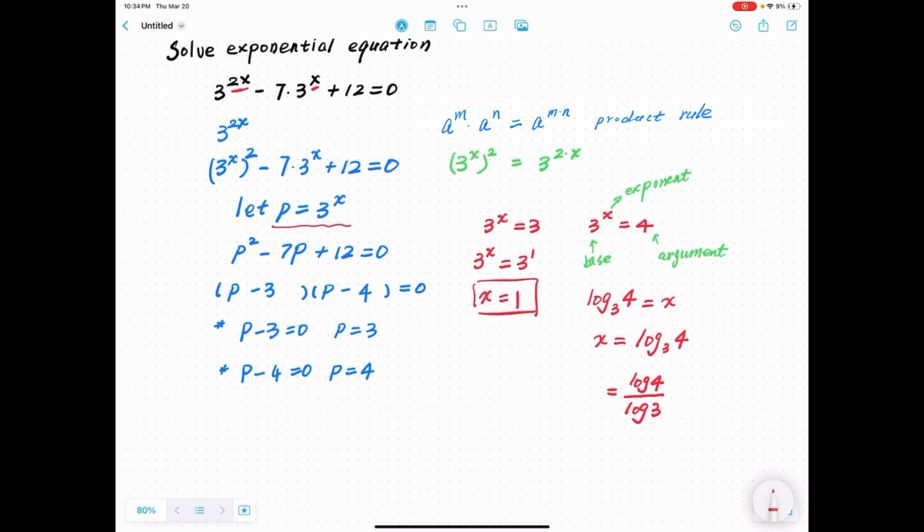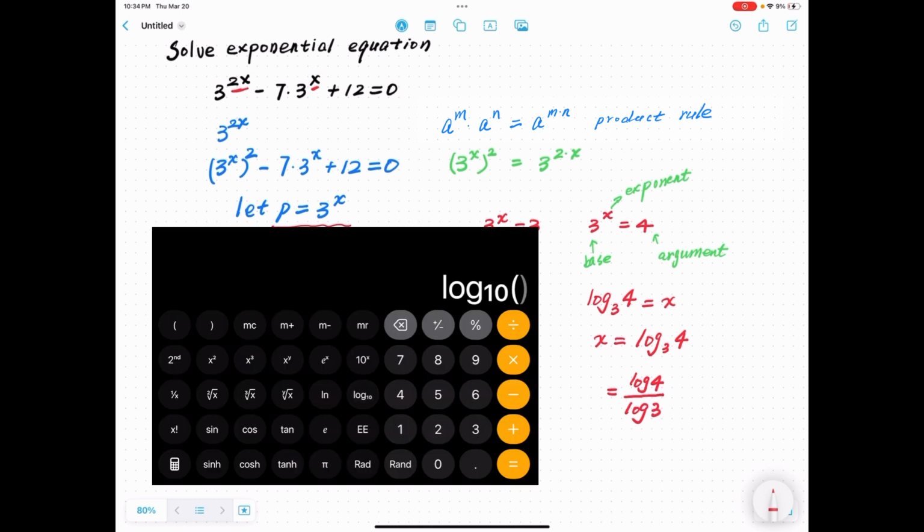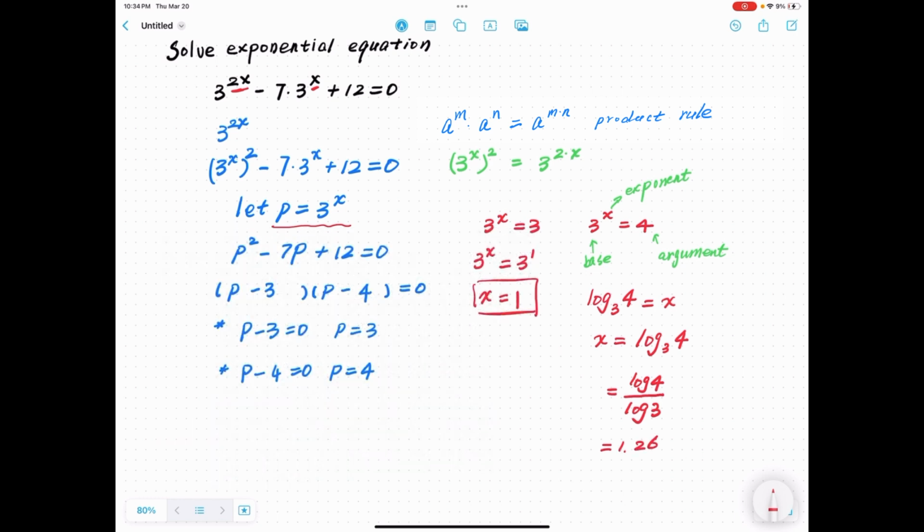I don't have to write base 10, so I can remove it. Then your calculator can solve this. So log 4 divided by log 3 equals 1.26. And this is another solution for this equation. So we have two solutions. One solution is x equals 1, and the other solution is x equals 1.26.